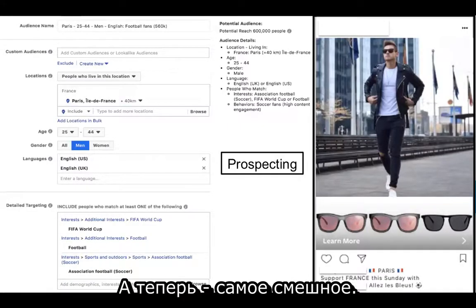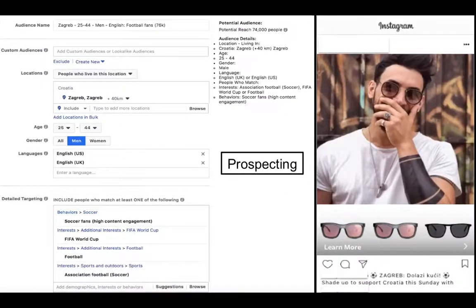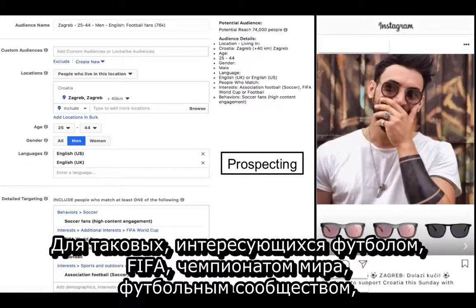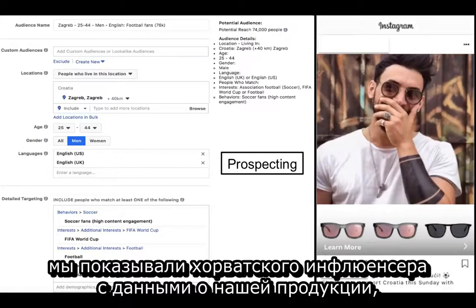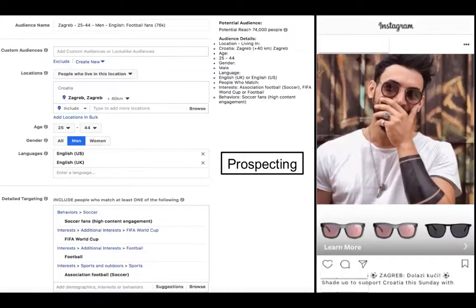And now the fun part, we did exactly the same also in Croatia with men in Zagreb. So men in Zagreb who were interested in soccer and football and FIFA World Cup and Association of Football. We showed a Croatian influencer with our products tagged, and then Zagreb, shade up to support Croatia this Sunday with, and so on and so forth.